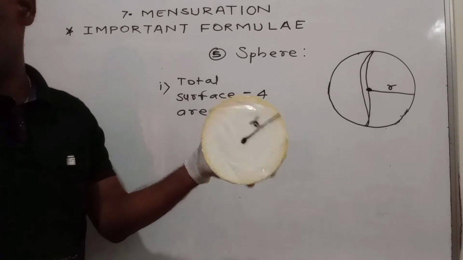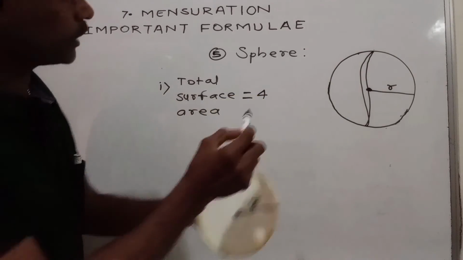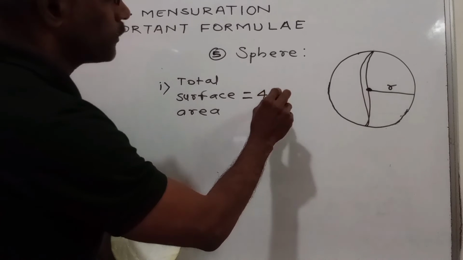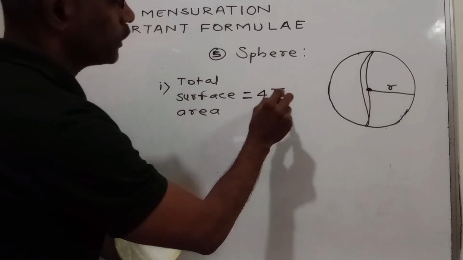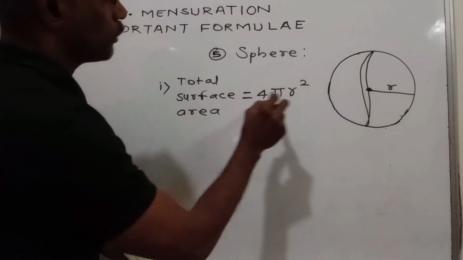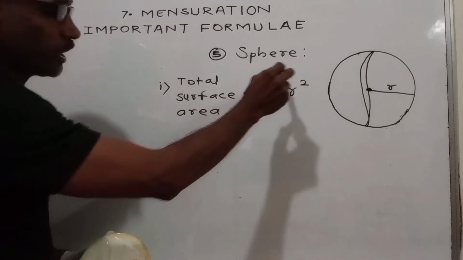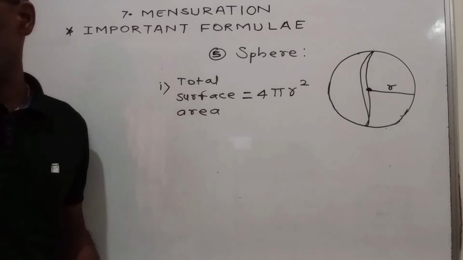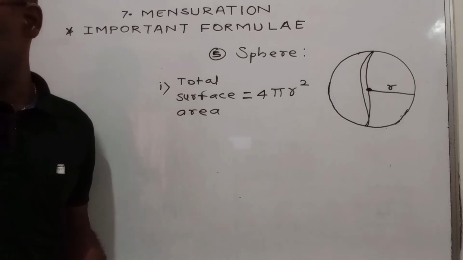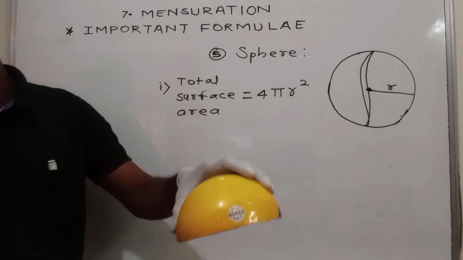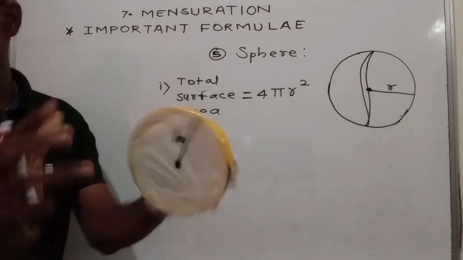This is a hemisphere now. Area of this circle is pi r square, so 4 into area of circle is 4 pi r square. Did you get it? That is the total surface area of sphere.